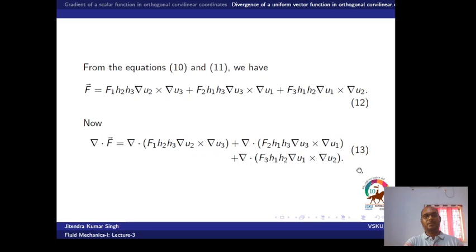So divergence of f is expressed as the sum of the divergence of these three terms, and that is expressed in equation number 13. I am going to calculate just the first term, and in the same way we shall calculate the second and third.